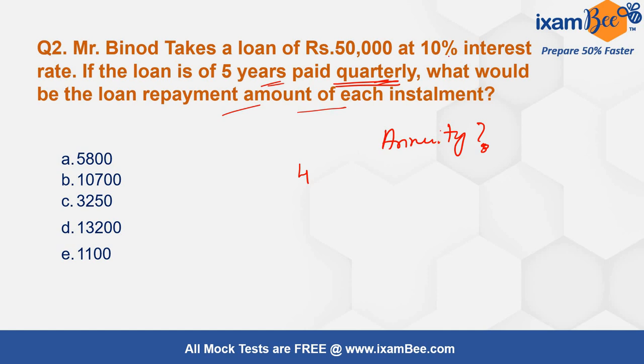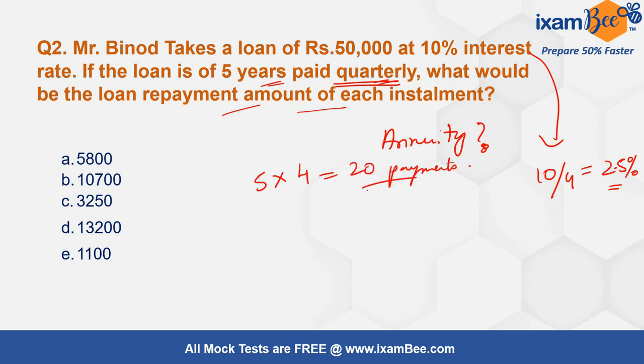So my interest rate has to be converted as per the quarterly basis, and my payments will be 5 years into 4, so 20 payments I have to make. I know my N, I know my R, I know my PV, which is 50,000, and I have to calculate my annuity.